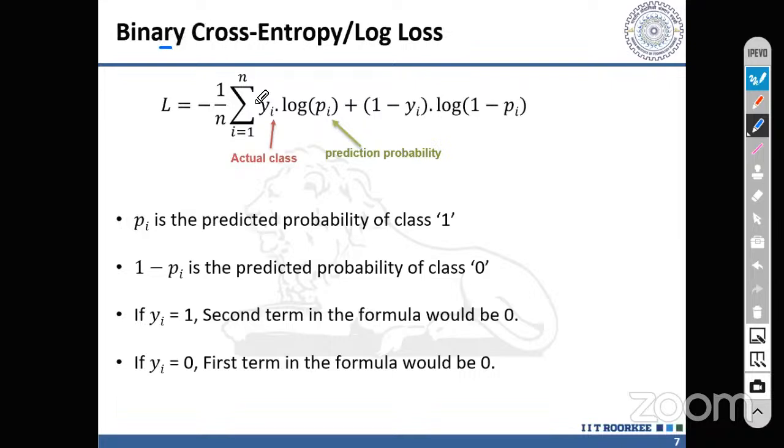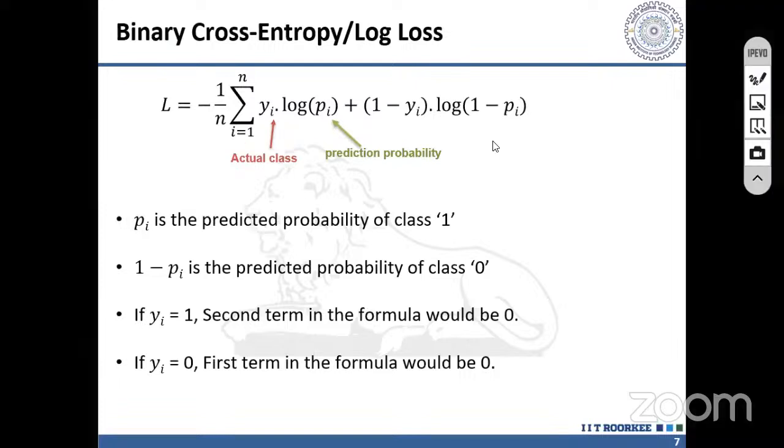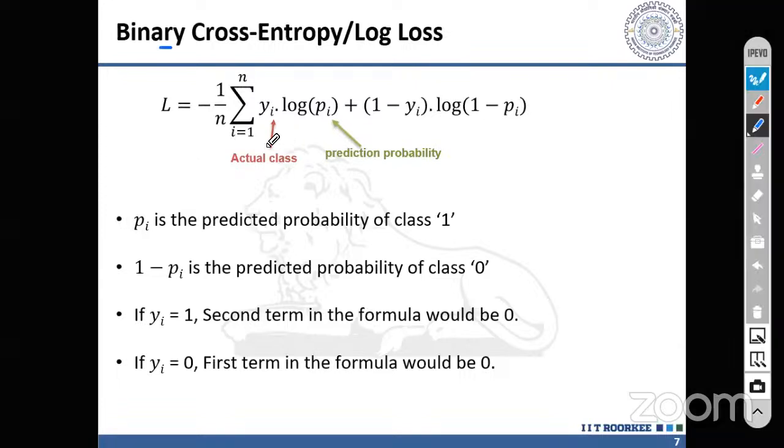This loss function uses the formula 1 by n into yi log pi plus 1 minus yi log 1 minus pi. For two categories, one category will be 1 and the other category will be 0.